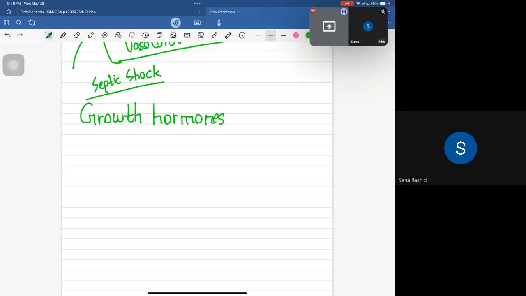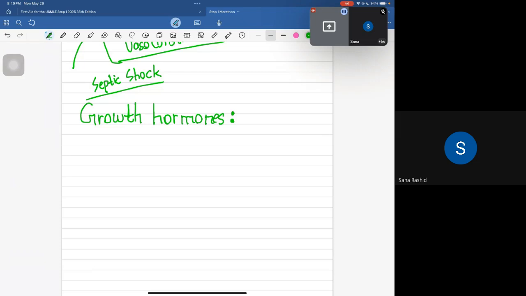The important thing that you want to know is that there are a lot of points in the nephron. The one point is the proximal convoluted tubule. The other is the descending loop of Henle. Then there is the ascending loop of Henle. Then there is the distal convoluted tubule, and then there is the collecting duct. Each of these parts have different drugs and different hormones that act on them.